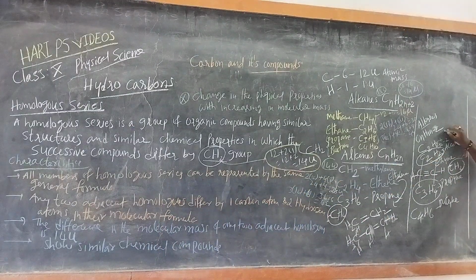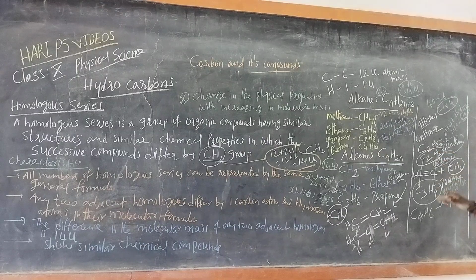Similarly, C2H2: 2 times 12 plus 2 times 1, 24 plus 2, 26 units is the molecular mass of acetylene. Then propyne, 3 times 12 plus 4 times 1, 36 plus 4, 40. 40 minus 26, 14 units.